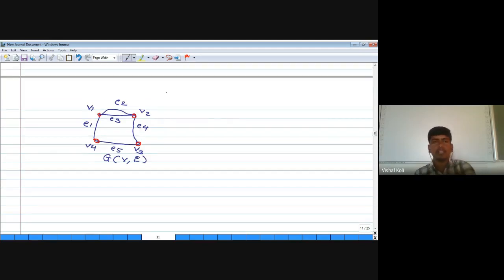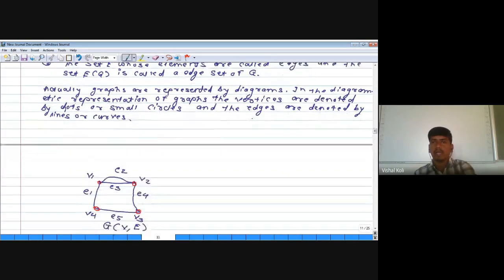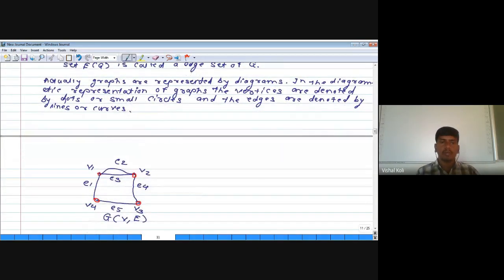According to this, in the diagrammatic representation of a graph, the vertices are denoted by the dots or small circles. As there are four vertices, that is v1, v2, v3 and v4, and the edges are denoted by any lines or curves. As here there are total five edges e1, e2, e3, e4, e5.